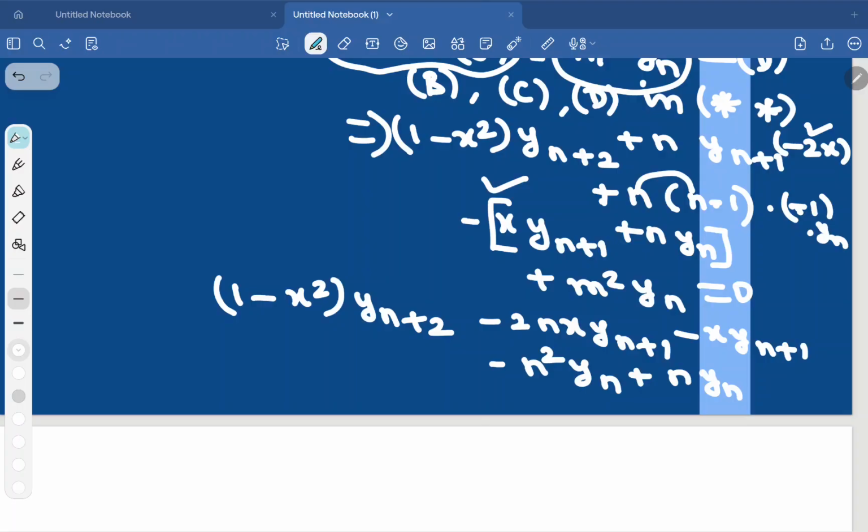Now minus plus minus n yn plus m square yn equal to 0. Minus n yn plus n yn cancel.